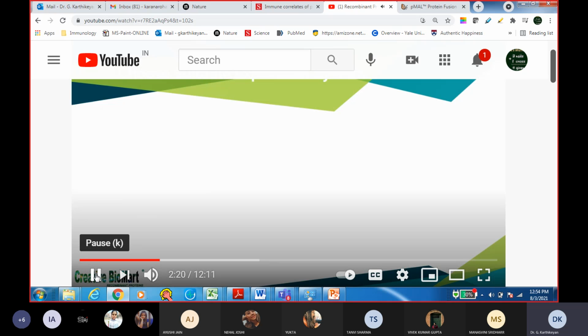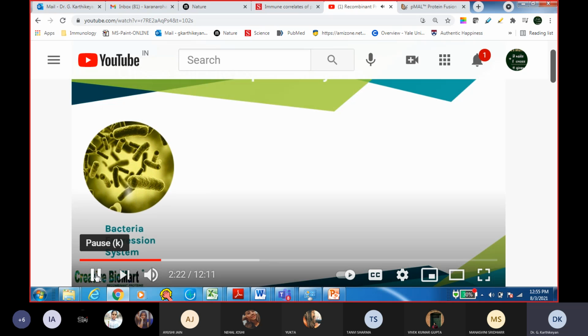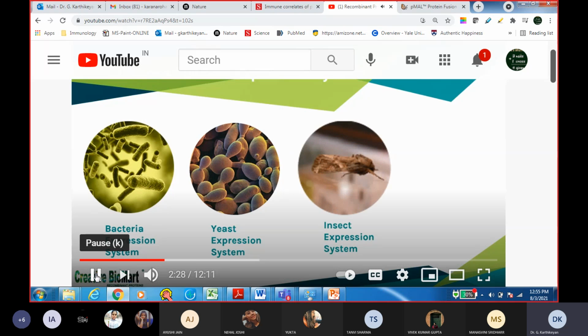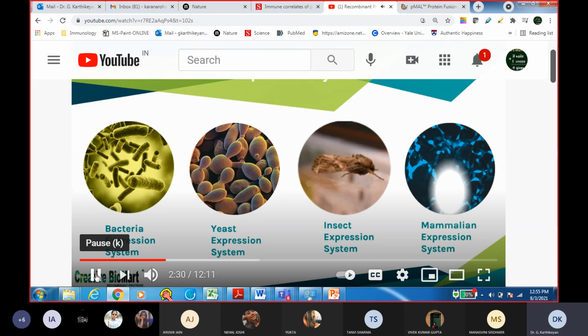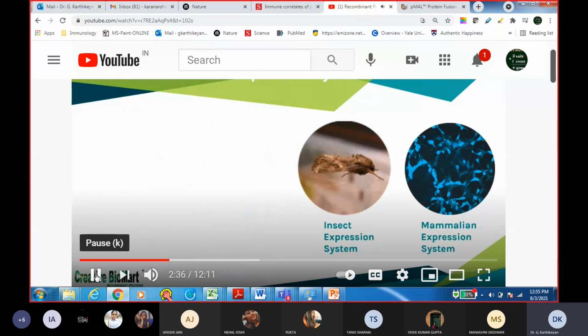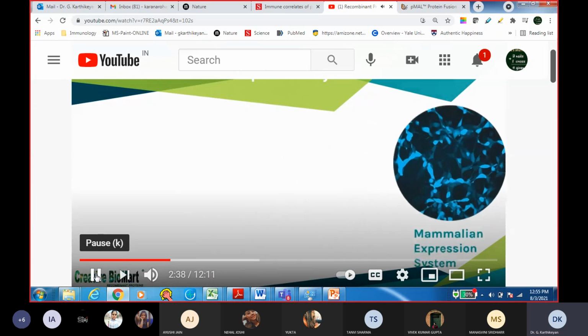Nowadays, there are several systems for use. Different systems have different features and applications. Here, we will introduce 4 systems which are commonly used in research and industry. They are bacteria system, yeast system, baculovirus system, and mammalian system.